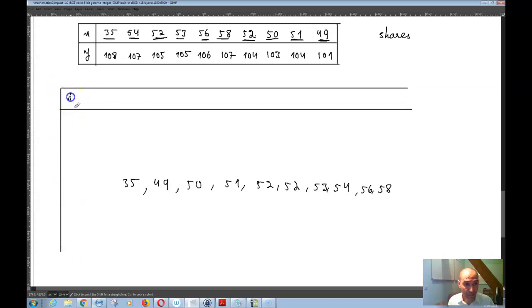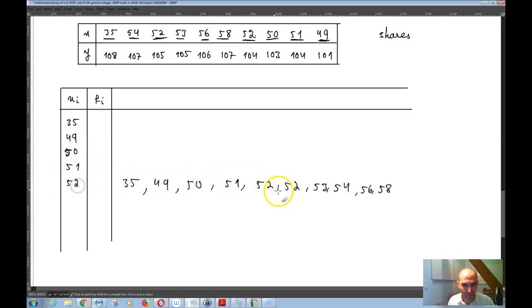I can write these as my x of i's, and I can write this as f of i, the frequency of this data, and I can write all of these in this table, which is 35, 49, 50, 51, 52, and I don't repeat 52, I just write twice here, and 53, 54, 56, and 58.